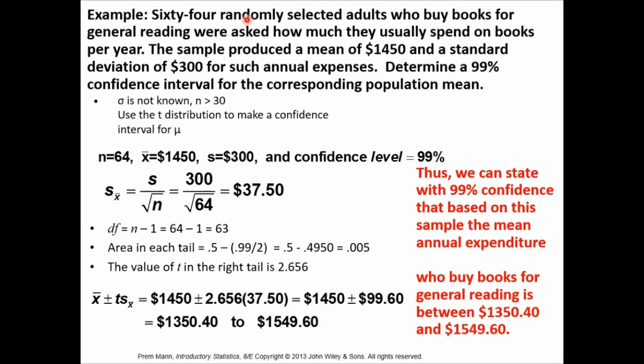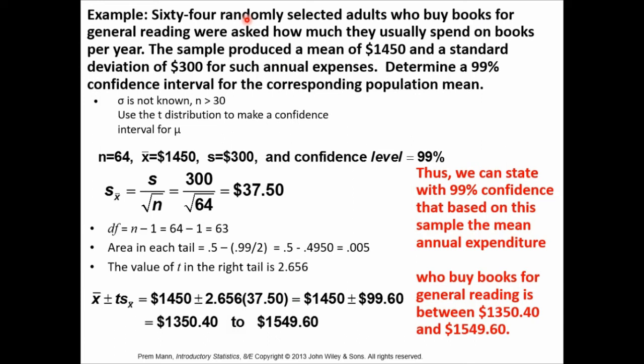And quite often, when people have this large sample, they ignore the condition of the standard deviation of the population being known or unknown, and they go ahead and perform the estimation using the standard normal curve or the normal distribution.